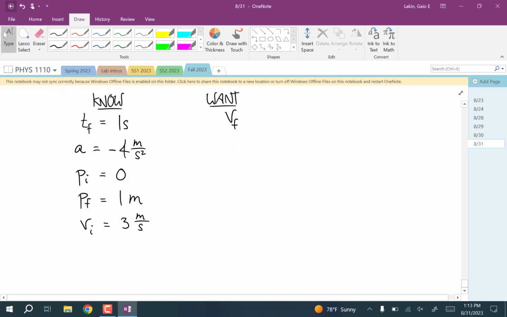Initial velocity is 3 meters per second, and we're trying to find the final velocity. And it's always good news when the simplest equation works, and it does in this case. V final is equal to V initial plus A TF. You can see this equation has V final, and then VI we know, A we know, TF we know, so it's going to work.